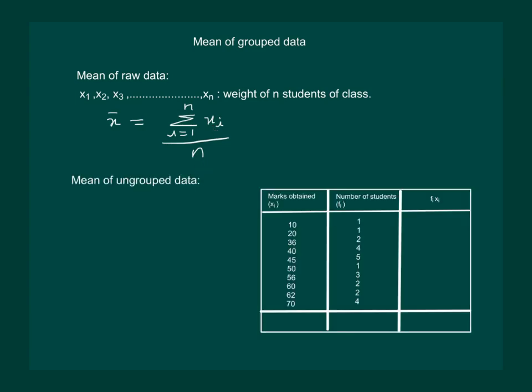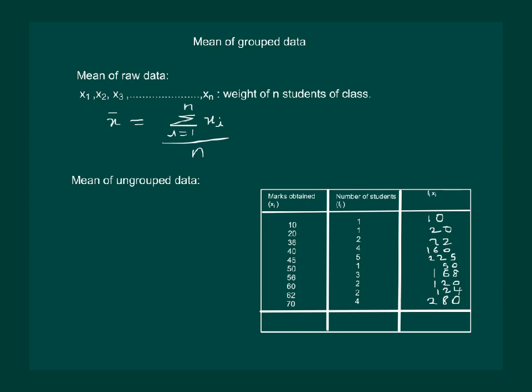If the data is ungrouped, we calculate fi into xi. 10 into 1 is 10, 20 into 1 is 20, 36 into 2 is 72, and so on.